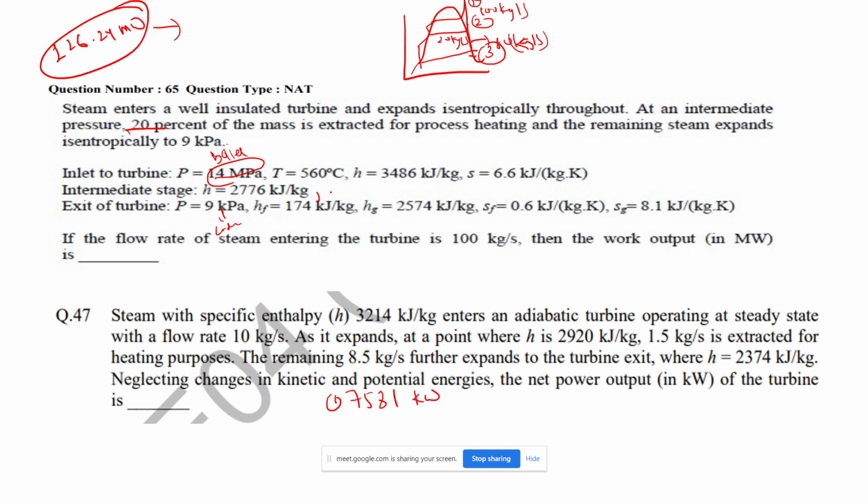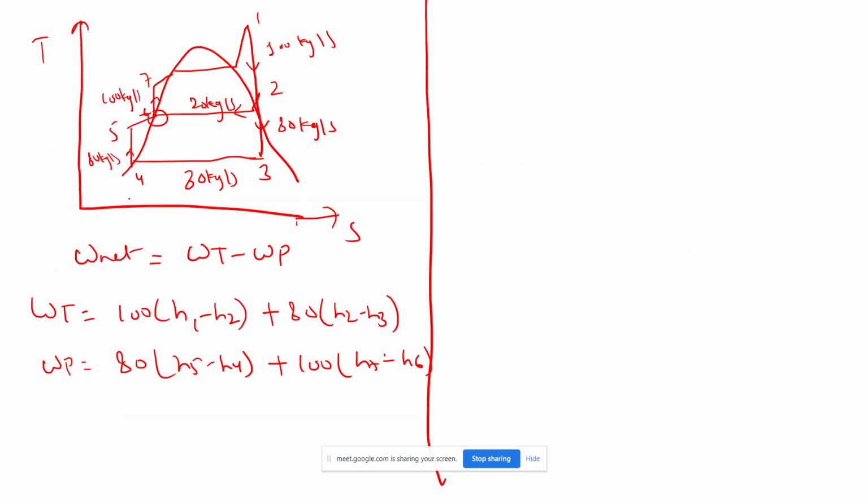They haven't given any condition of the steam at the intermediate stage. We would need HF at the intermediate pressure, and from that we could calculate S7 by the isentropic process, but they haven't given that. So I think they only want the turbine work, and they have neglected the pump work. So we'll directly calculate the turbine work only.